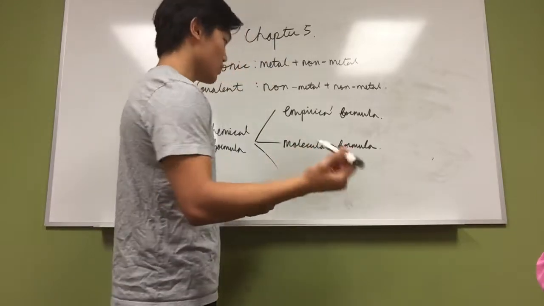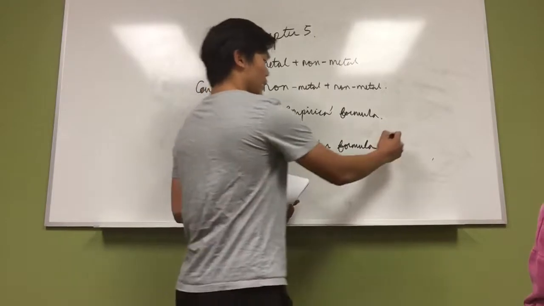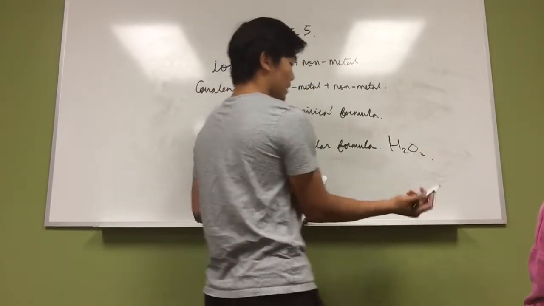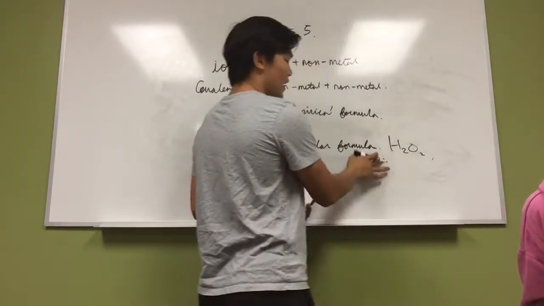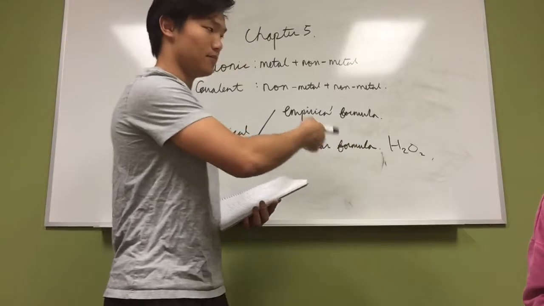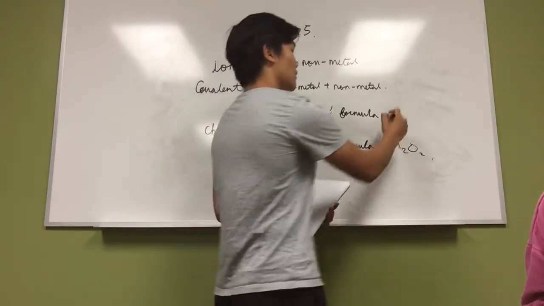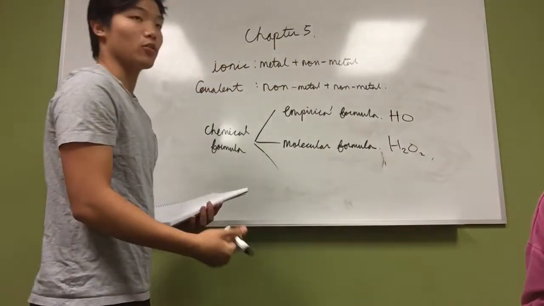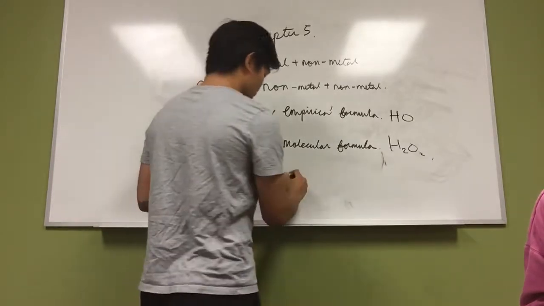For example, glucose is C6H12O6, or H2O2, hydrogen peroxide, right? But then you can also say it's dihydrogen dioxide. That's a type 2 binary compound. And then you can say this as HO, the empirical formula, divided by 2.